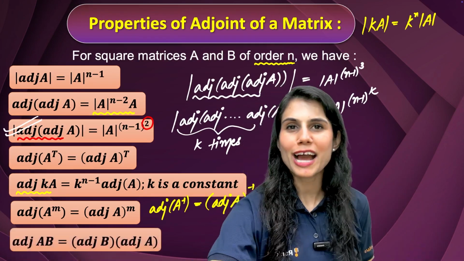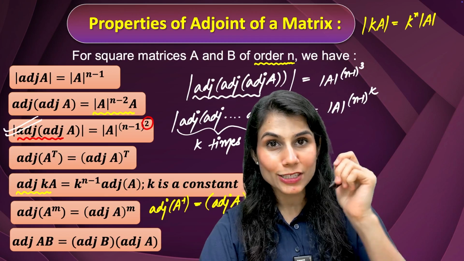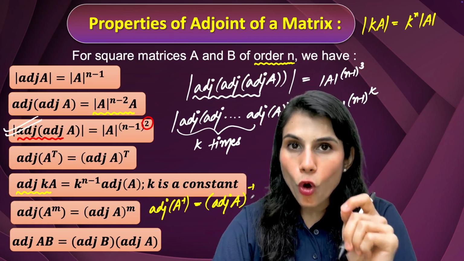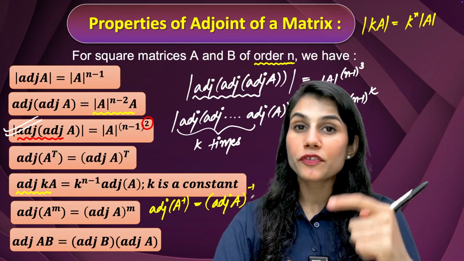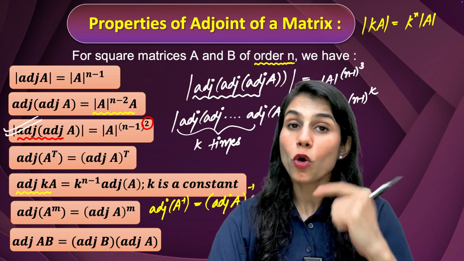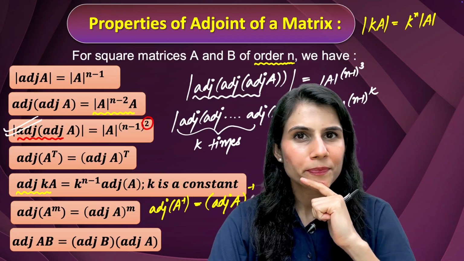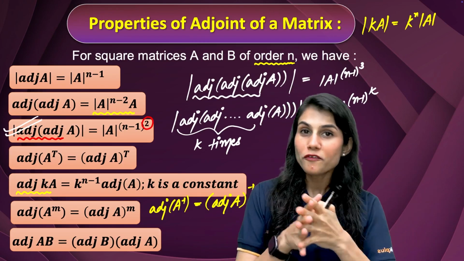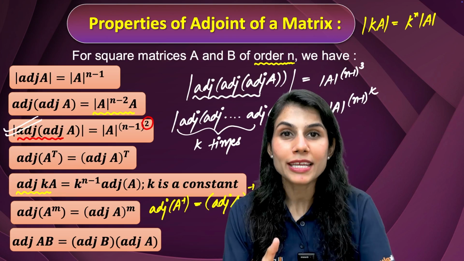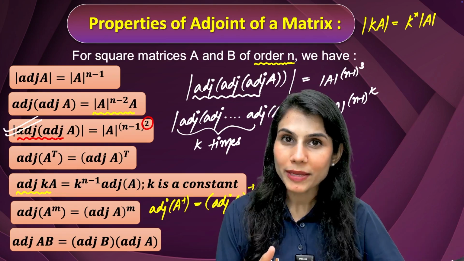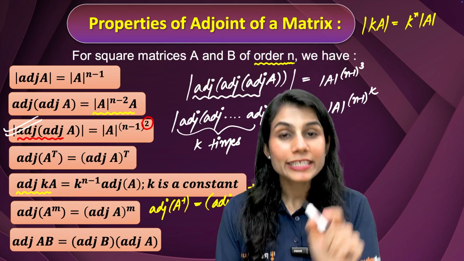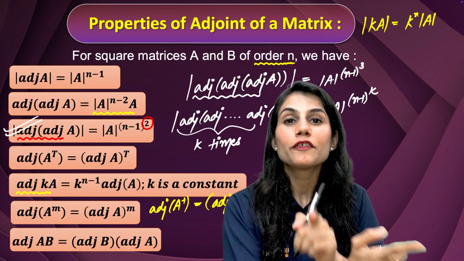Moving ahead, we have a very beautiful property. This is called the reversal law of adjoint, just like we have the reversal law of transpose and the reversal law of inverse. What does that say? Adjoint of A into B is adjoint of B into adjoint of A. What do I mean? Adjoint of a product is the product of adjoints taken in reverse order.